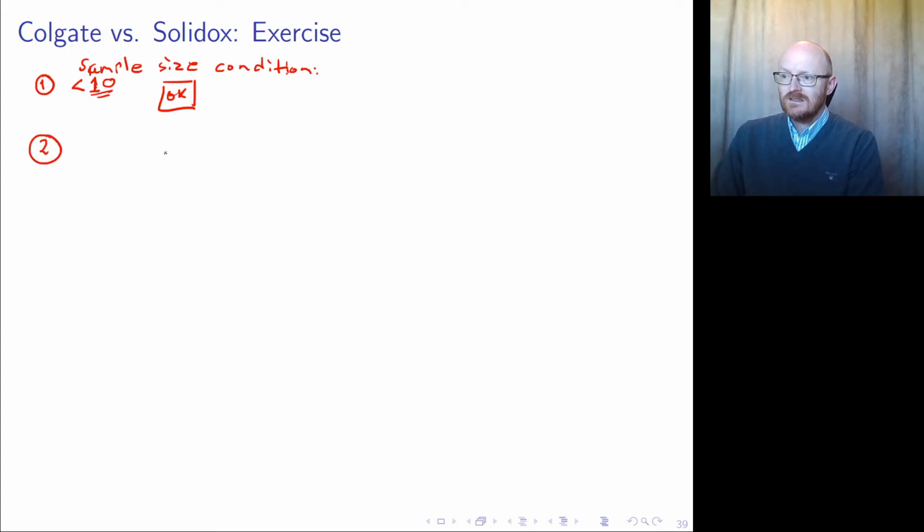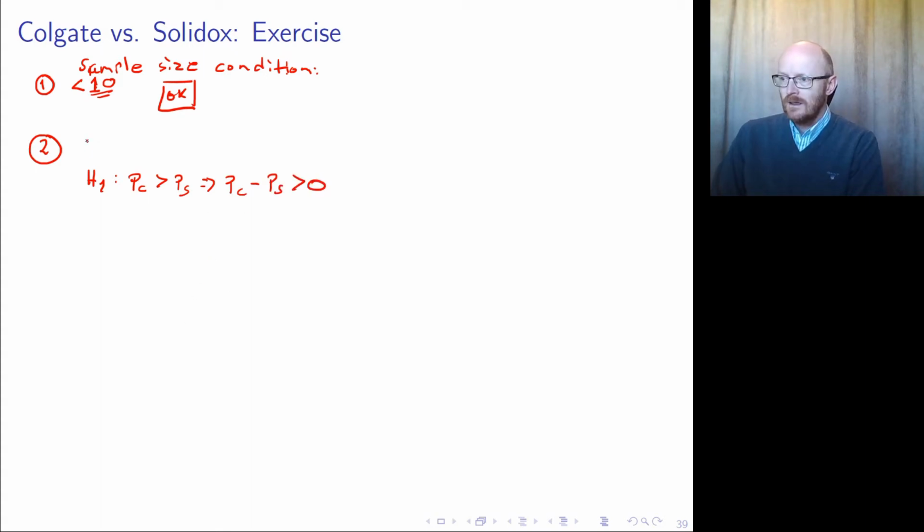The second point is the hypotheses, what will cause you to change, for example, from Solidux to Colgate. Then you have a hypothesis, and the hypothesis is that the proportion of Colgate is larger than the proportion of Solidux, which means the proportion of Colgate minus the proportion of Solidux is greater than 0.